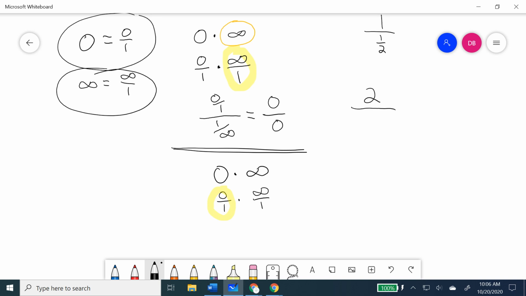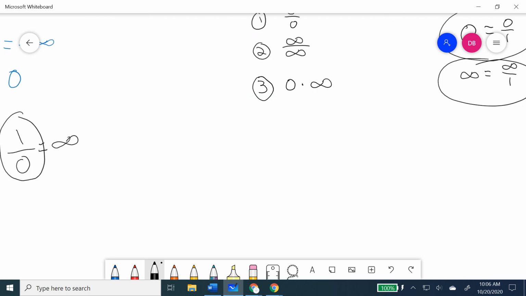I end up with infinity over 1 over 1 over 0. And then infinity over 1 is infinity. And what's 1 over 0? Also infinity.